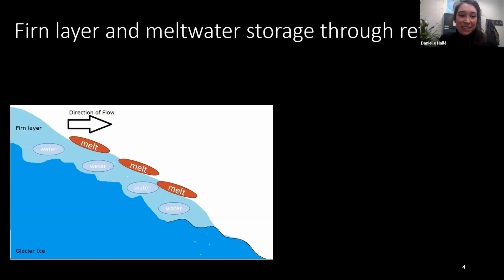And my talk focuses on the firn, and I'll just give a quick background of why it's important to understand what's happening on the firn layer for Devon Ice Cap. So in years of extreme melt or intense melt events, the firn layer allows for meltwater to percolate into the empty pore space and to refreeze and be retained as mass instead of running off and contributing to sea level rise.